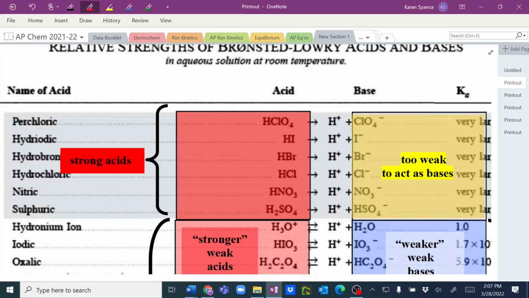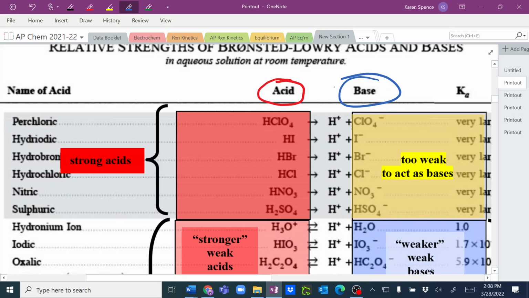So if we look, our acids are on the left, our bases are on the right. Just like your oxidizing agents were on the left and your reducing agents were on the right. It's very, very analogous, okay? If we are in the gray zone, those substances are what kind of acids?